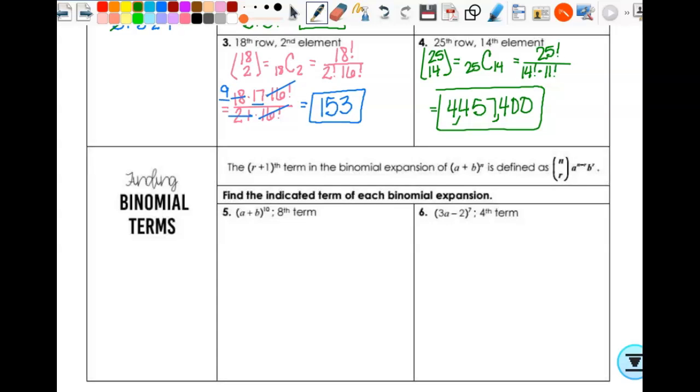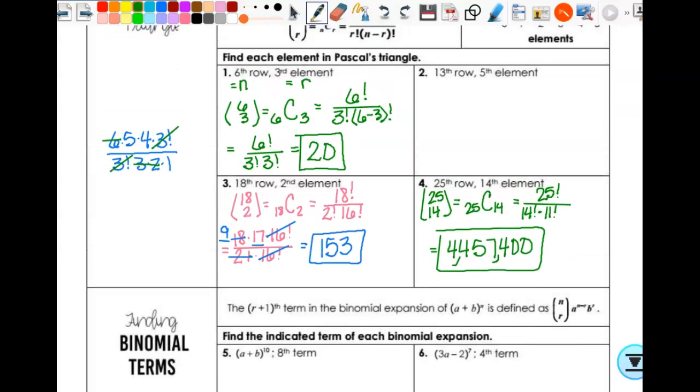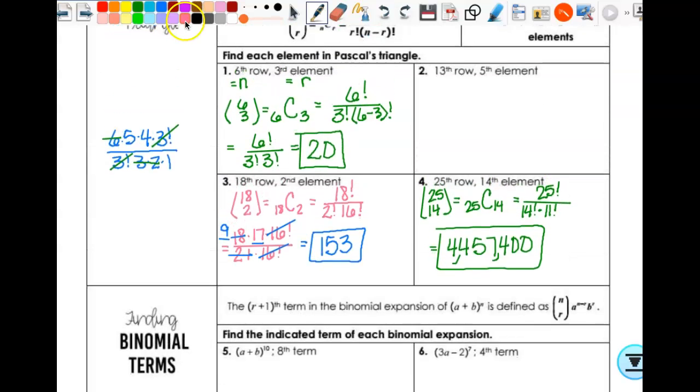All right, so let's go up and do number 3 like that then. So it's still the 13th row, 5th, oh, why am I making a fraction? I already said it's 5th element. That's equal to 13 C5. Do it that way with your calculator.